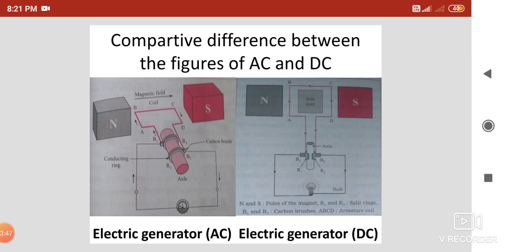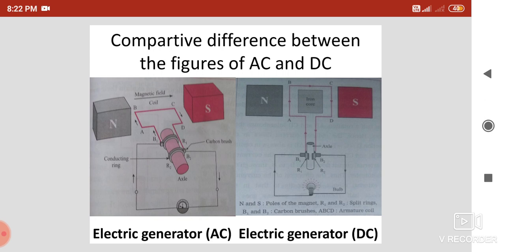Now on the screen two different generators are shown. In the first you can see the electric generator which is AC type, and in the second you can see the electric generator of DC type.